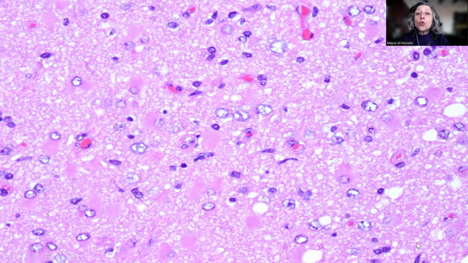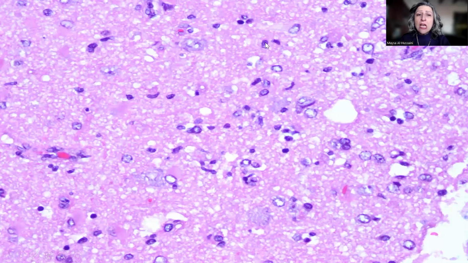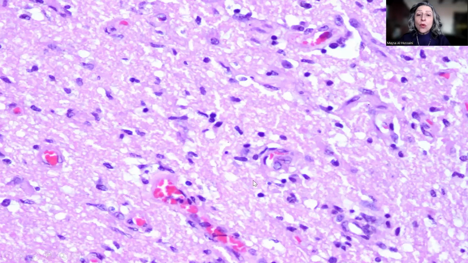These are all rod cells, or the microglia or the macrophages of the central nervous system. And more here, really distortion of the architecture, but this is not neoplastic. This is completely an inflammatory reactive process. And this is a very nice example of a rod cell, one here, and one here. And again, more of the same appearance, but here with the predominance of the rod cells.